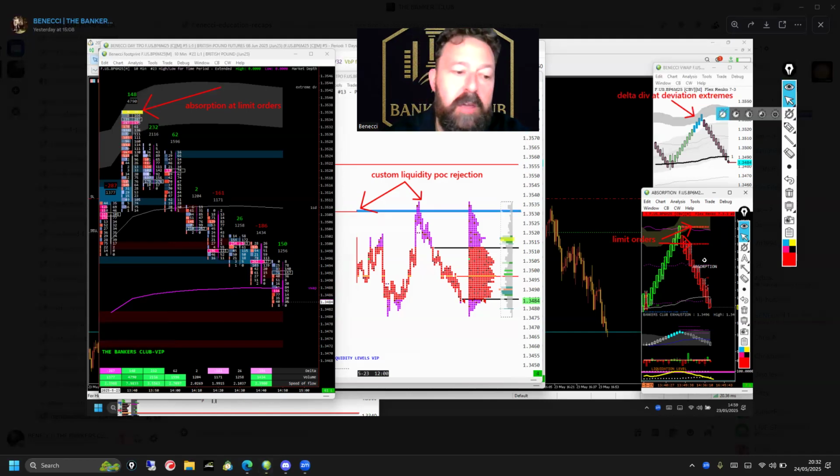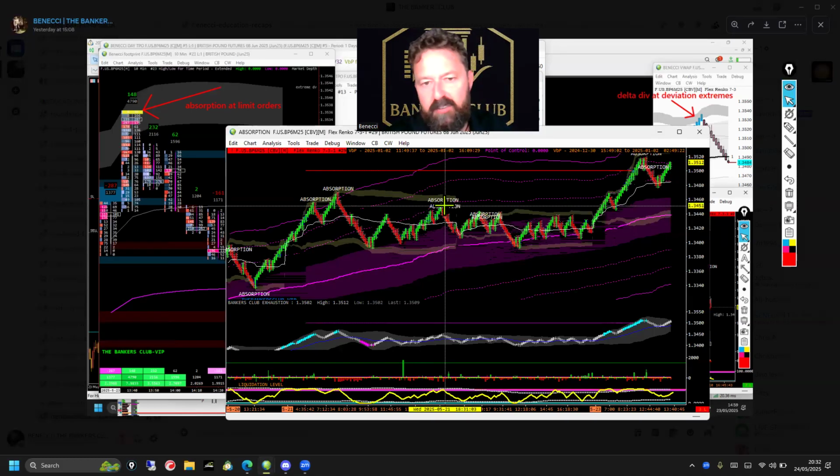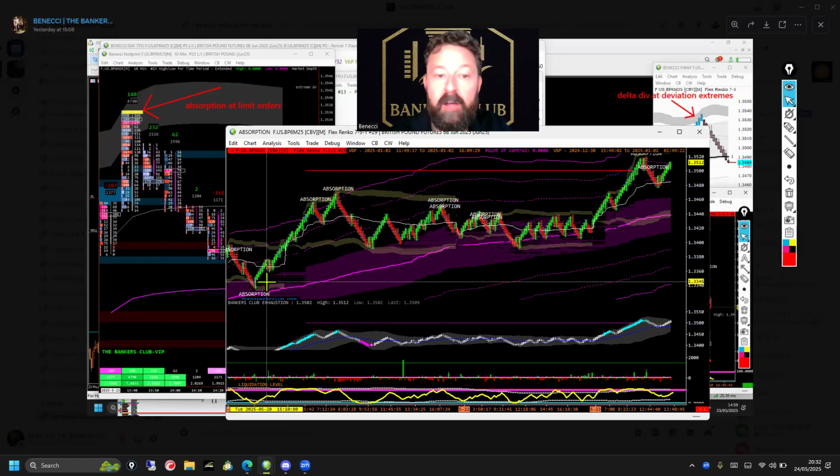We then got the bottom chart here, which is my custom absorption chart. Let me pull that over and show you that quickly. So this is what my custom absorption chart is. It's calibrated with a lot of calculations that I've done, and it triggers when all the parameters are met, and then it triggers the absorption trigger to say that there's been significant amounts of absorption taking place in that kind of area, and therefore it can be useful in assisting you in making your trade decisions.